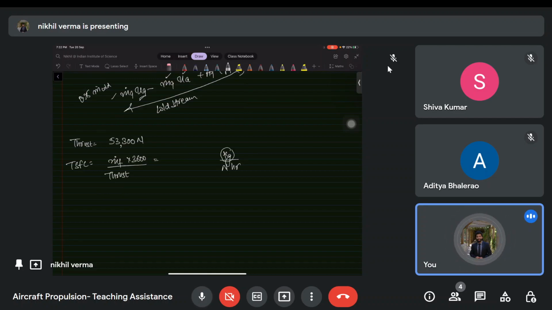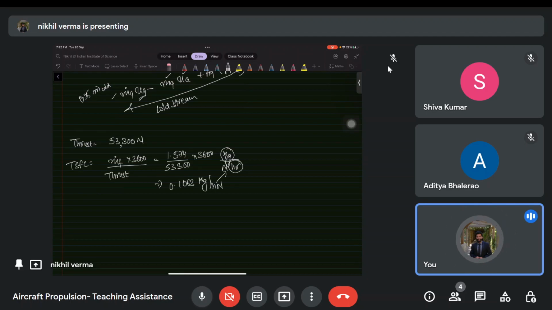This much kg is required per hour to get 1 Newton of thrust, right? If you substitute, this is 1.574 divided by 53,300, into 3600. You will get 0.1063 kg per Newton hour.